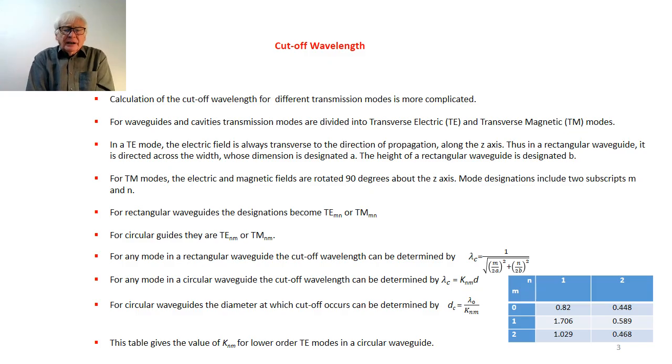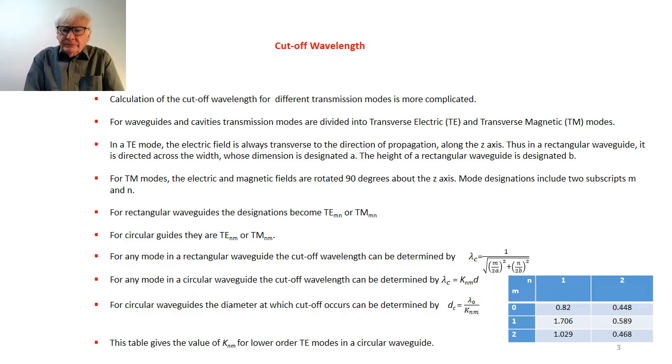In a rectangular waveguide, the cutoff wavelength can be determined by lambda c, which is the cutoff wavelength, equals 1 over the square root of (m over 2a) squared plus (n over 2b) squared.